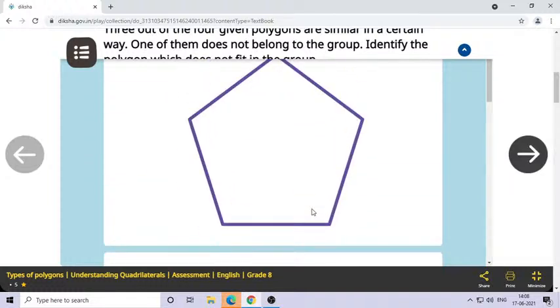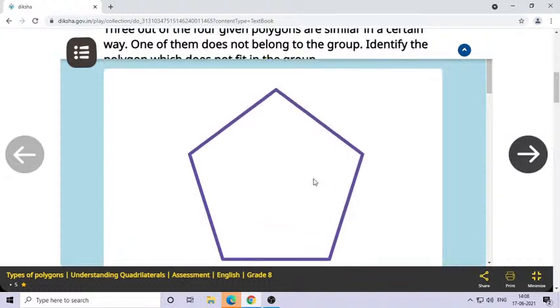For question number 2 you are telling A. Most of you are telling A. So A is nothing but a pentagon.